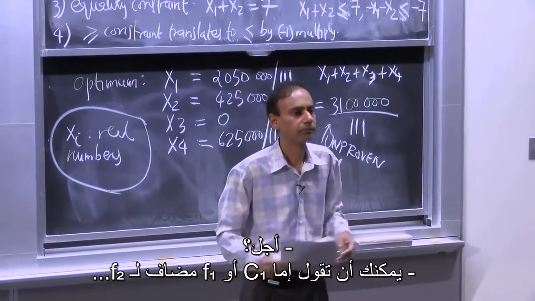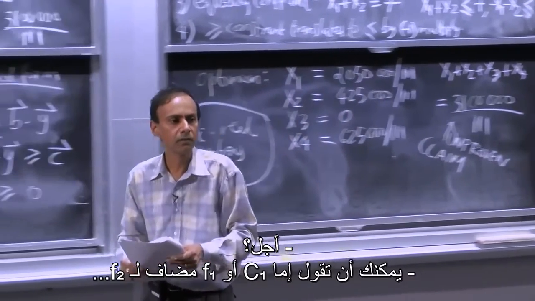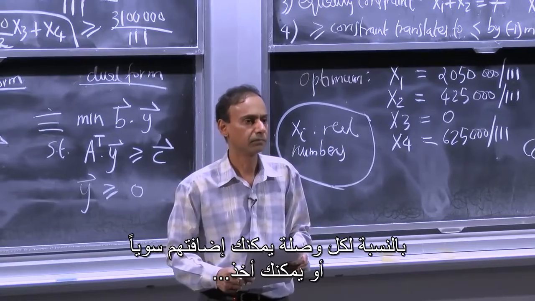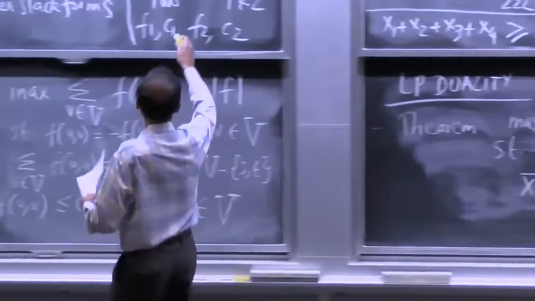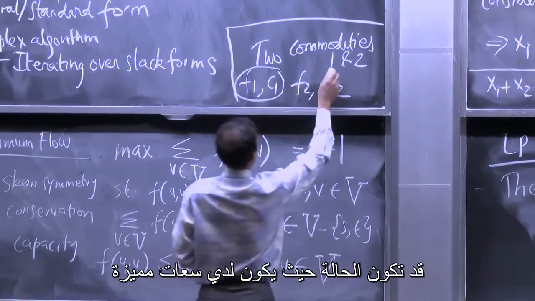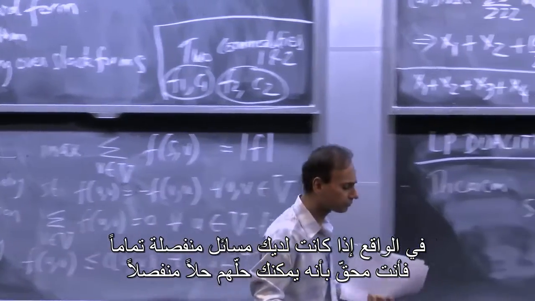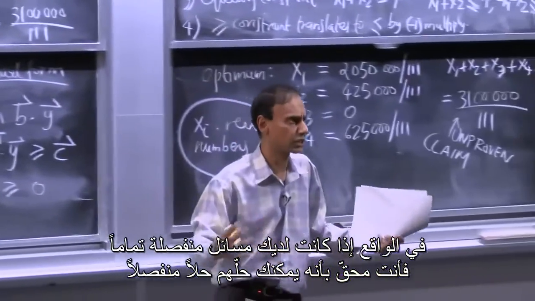Yeah? You can say either C1 or F1 plus F2 is, like, for each edge you can add them together. Exactly, that's right. So good point. It may be the case that I have distinct capacities, and in fact, if you have completely disjoint problems, you're right in that you can solve them separately.